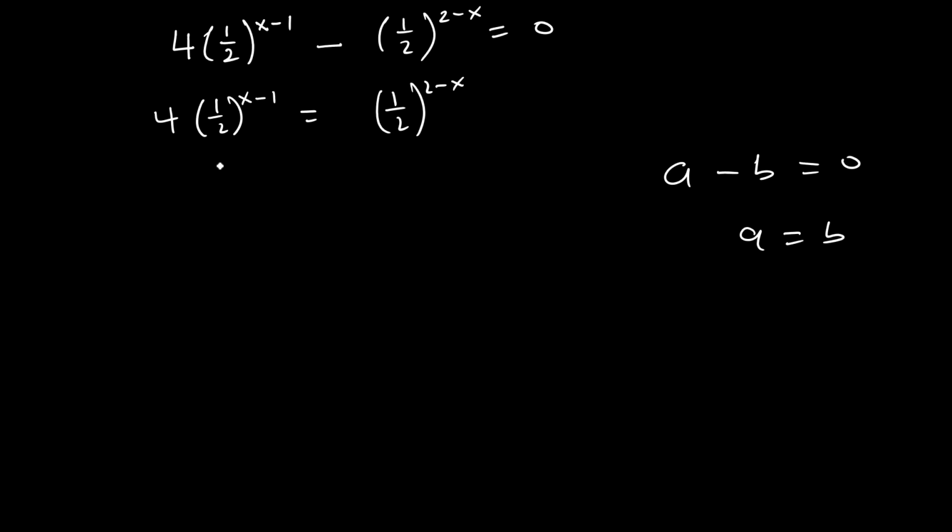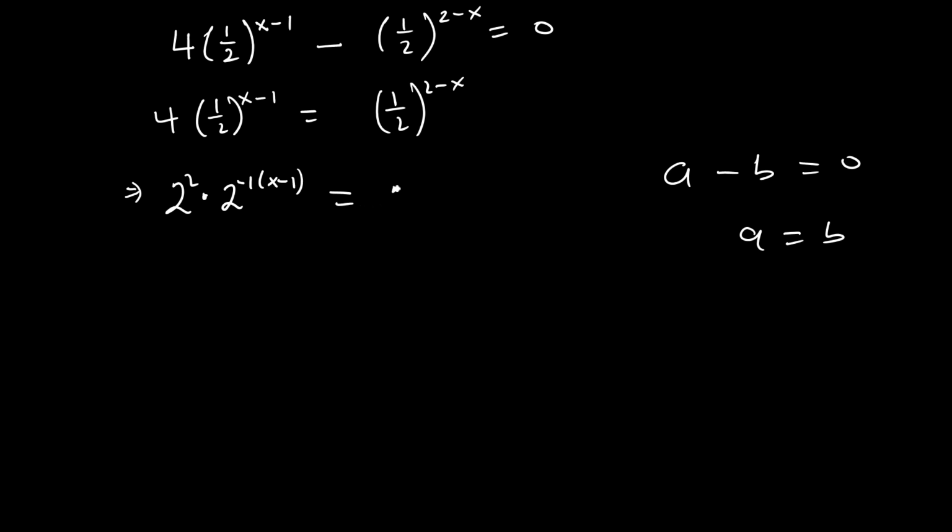Now we have so many ways of solving this. Okay. Now we can change this one to 2 to the power 2. So times, you can also write this one as 2 to the power negative 1 times x minus 1.